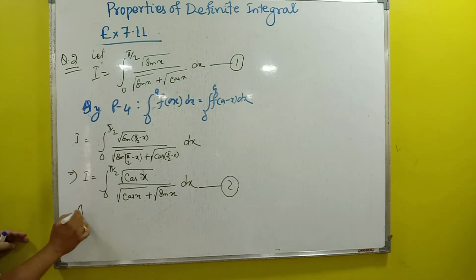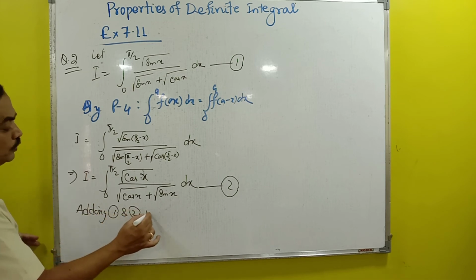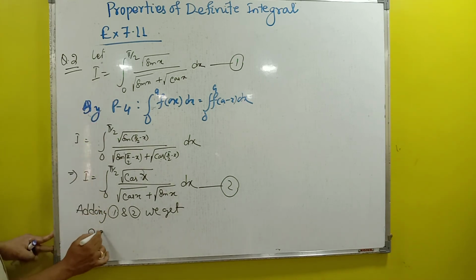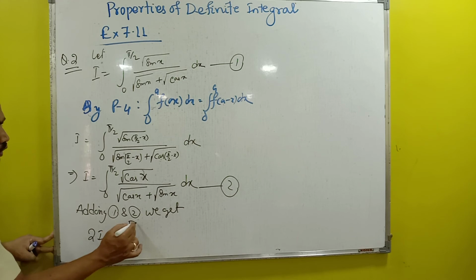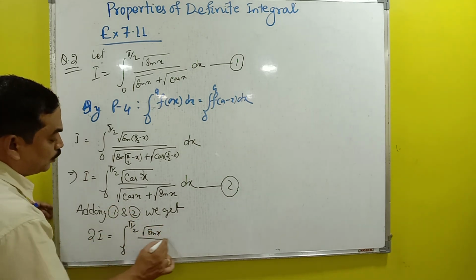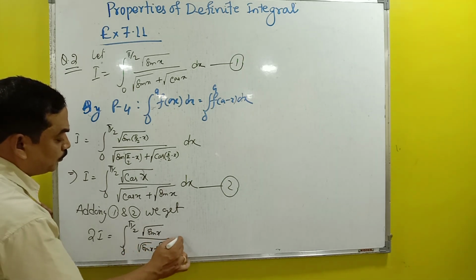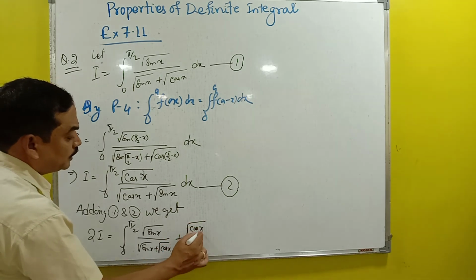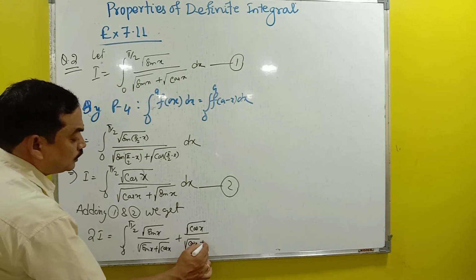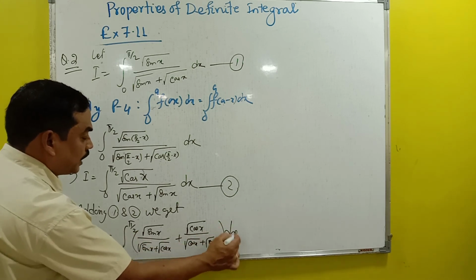Again adding 1 and 2, we get I plus I, which is 2I, equal to the integral from 0 to pi by 2 of root sin x upon root sin x plus root cos x, plus root cos x upon root cos x plus root sin x, dx. I have taken a few things common.